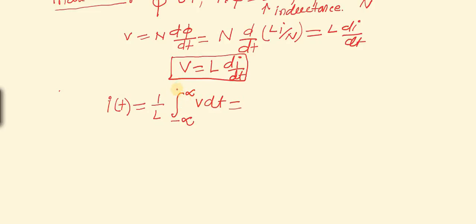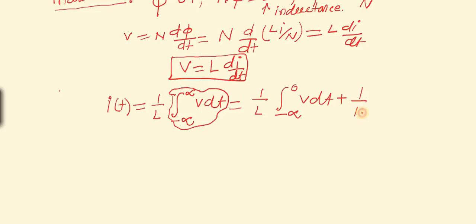Now this part we can break into two parts, that is minus infinity to 0 and 0 to infinity. So 1 by L minus infinity to 0 V dt plus 1 by L 0 to infinity V dt.